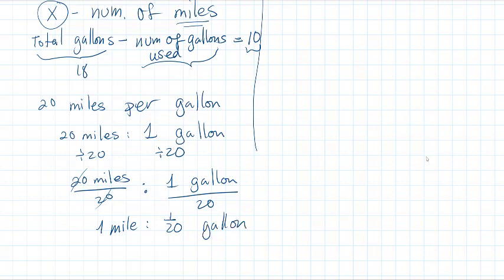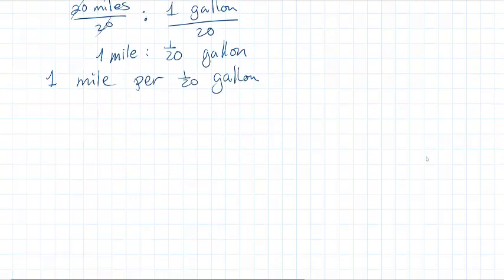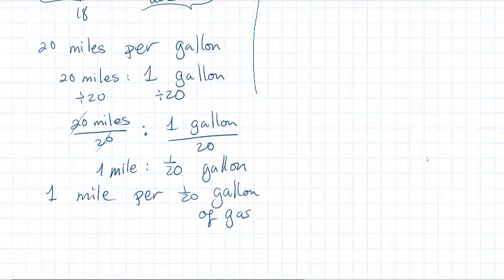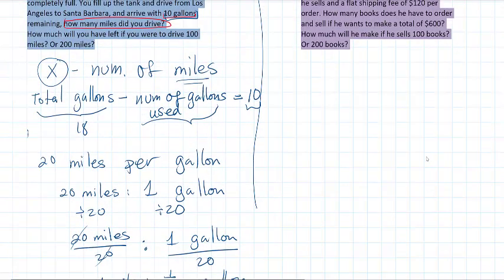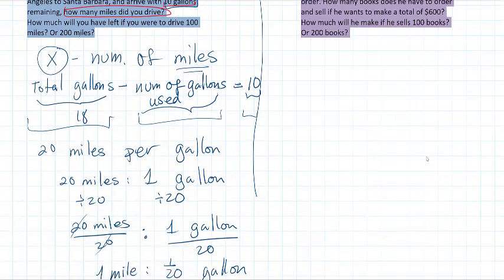So now we know that we get 1 mile per 1 over 20 gallon of gas. Okay, so let's go back to our equation. We wanted to write the total number of gallons minus the number of gallons used equals what remains.